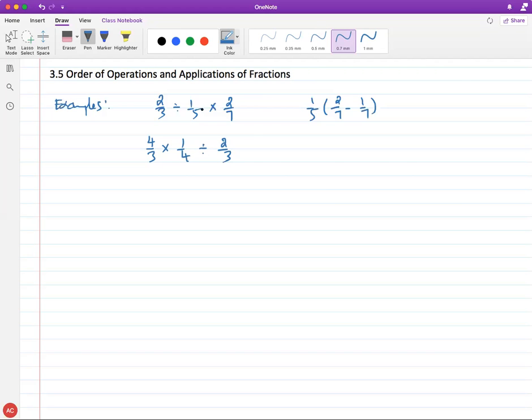Okay, so we have multiple operations here. Now let's mix things up. Let's put maybe some addition. Maybe a multiplication here as well. So let's say 1, actually 1/4.